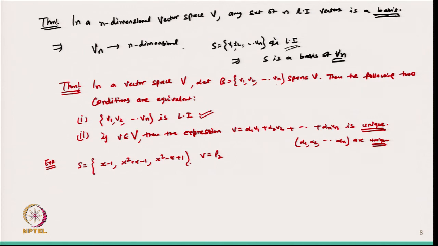Okay. So, I want to check whether S is a basis or not. I am taking V as P2. So, P2 means the set of all the polynomials of degree less than or equal to 2. So, this one I want to check.